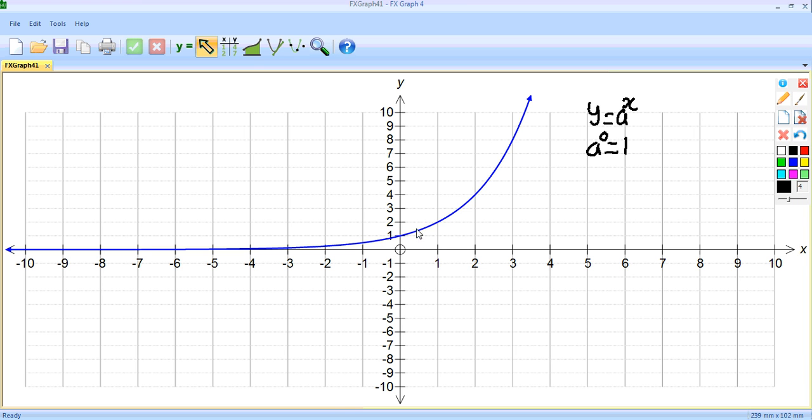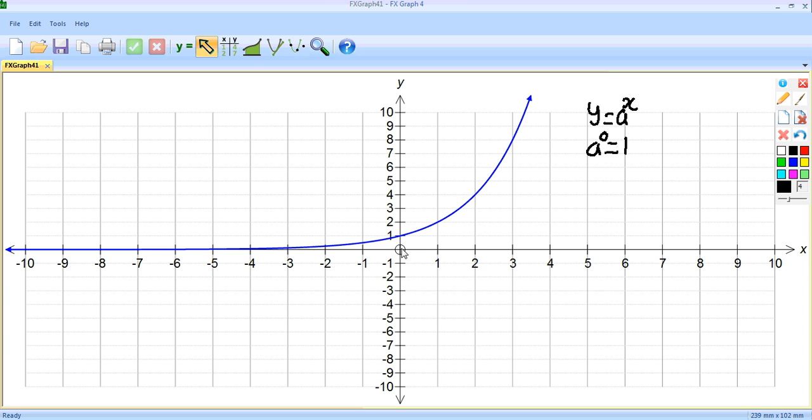The standard graph that hasn't been moved to the left or the right or up and down always crosses at 1. You'll also notice that it gets closer and closer to the x-axis, which is its asymptote. So the standard graph has its asymptote along the x-axis, and the y-intercept is always at (0, 1), one up from the x-axis.